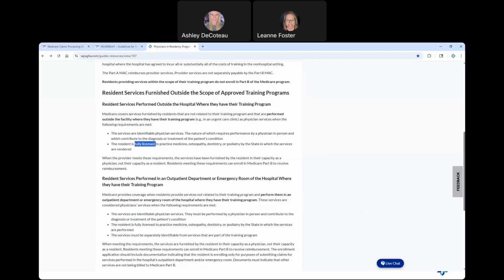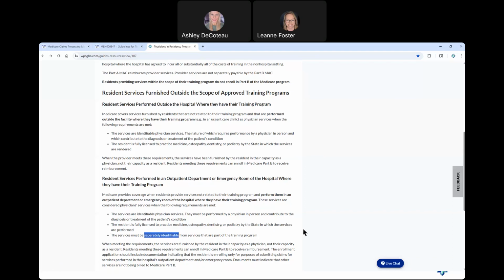For those services to be billable to Medicare Part B, they must be separately identifiable from services that are part of their training program. So it really must be clear that this service that's performed by the resident at the same teaching hospital where they have their program is being done outside the scope of that program.